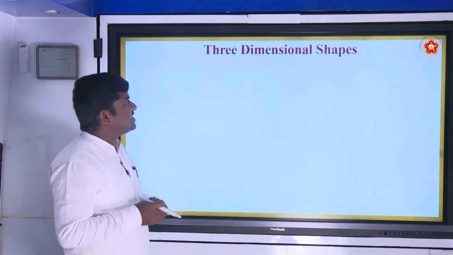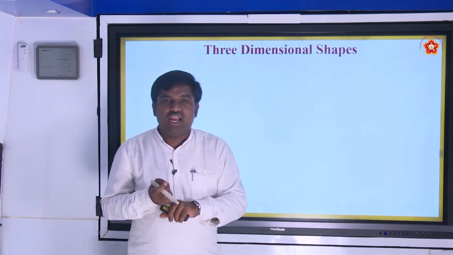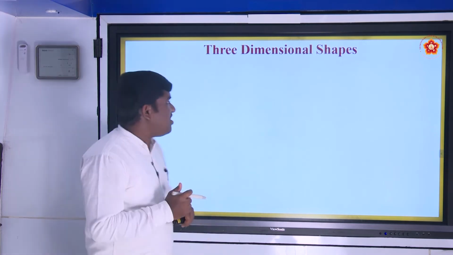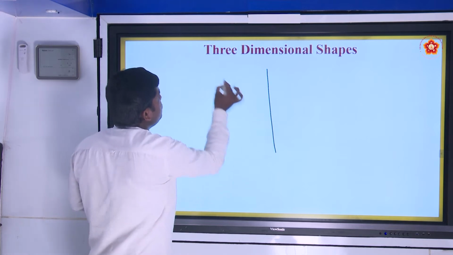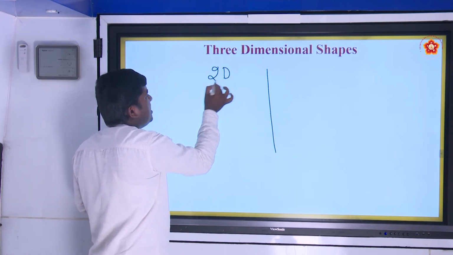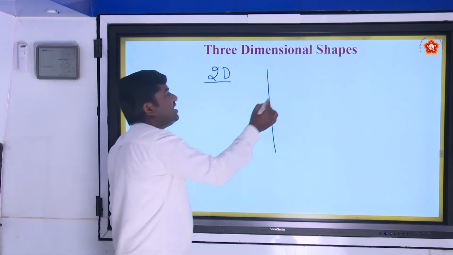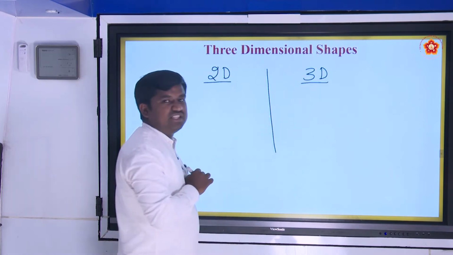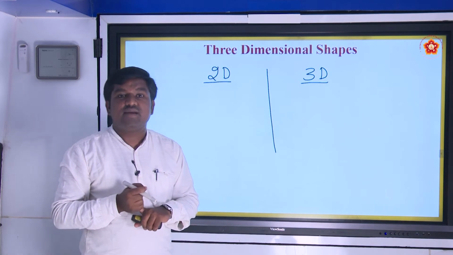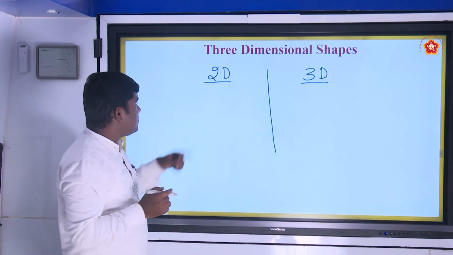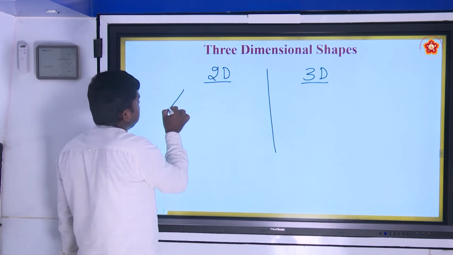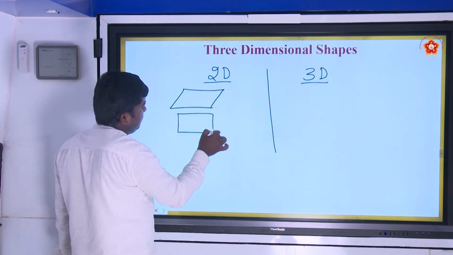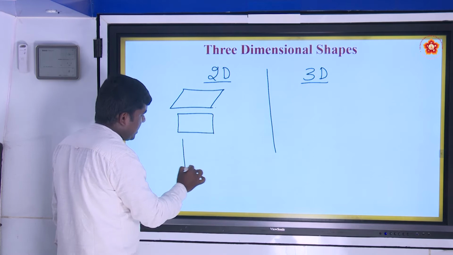Yes. Next, three-dimensional shapes. Before going to three-dimensional shapes, we have to know the difference between two-dimensional, simply called 2D, and three-dimensional shapes, 3D. What is the main difference between two-dimensional and three-dimensional? Two-dimensional shapes, for example, see parallelogram, okay, rectangle, next square.